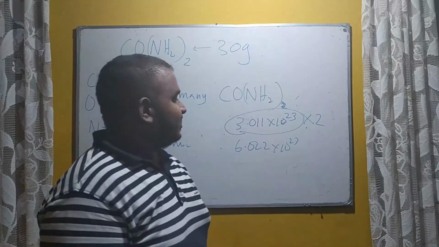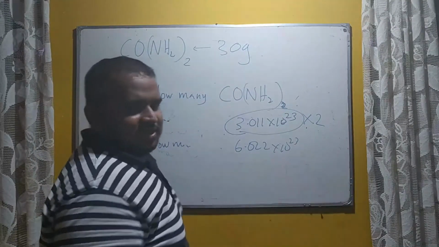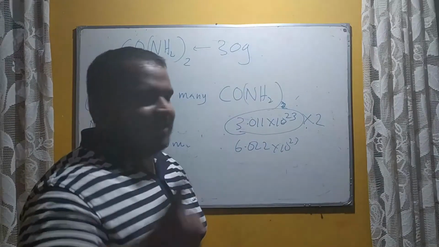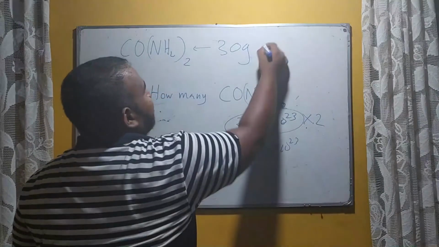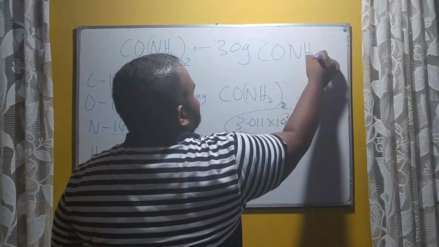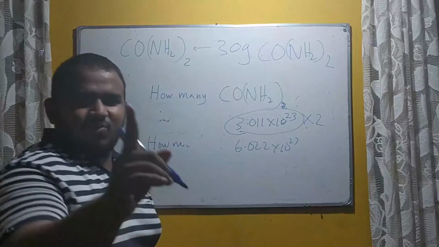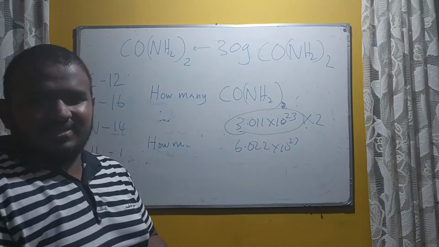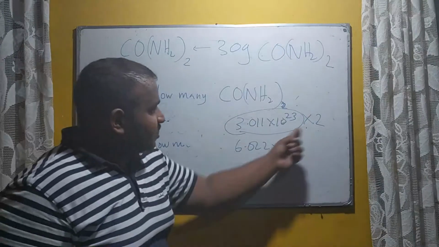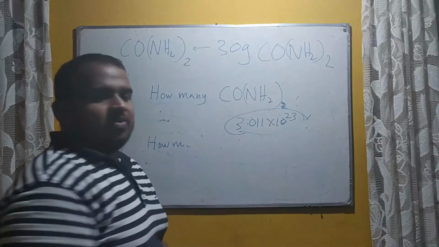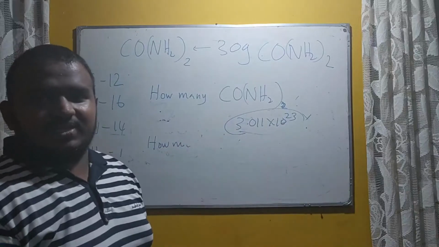Very simple. The next question they ask you, how many hydrogens are present there? In one urea there are 4 hydrogens. In 30 grams there are 3.011 into 10 to the power of 23 ureas present.